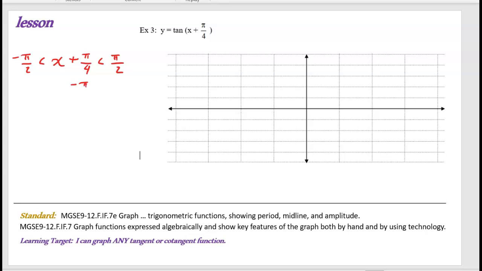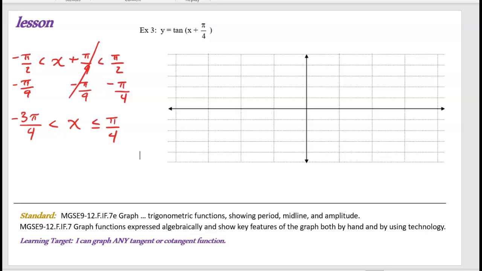Subtract pi over 4 from all parts. So we have negative pi over 2 minus pi over 4. It's negative 3 pi over 4. Pi over 2 minus pi over 4. It's pi over 4.